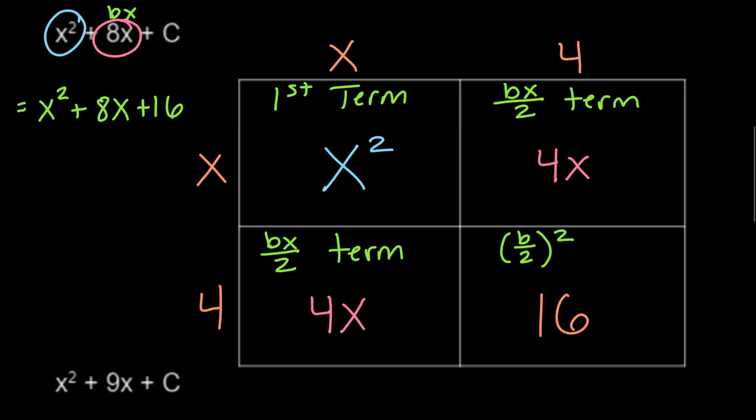That's all we did. Now, how can this be converted into vertex form? So x squared plus 8x plus 16, where did we get those values? From inside the box that we got from multiplying what?